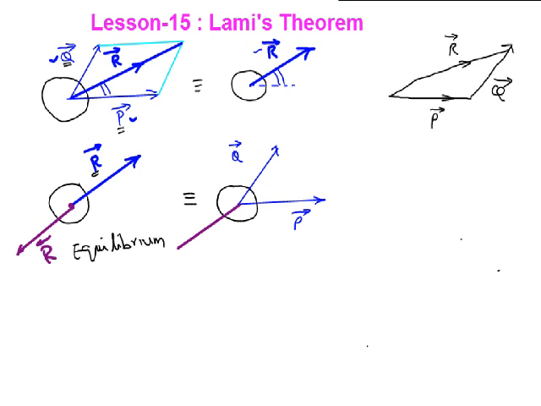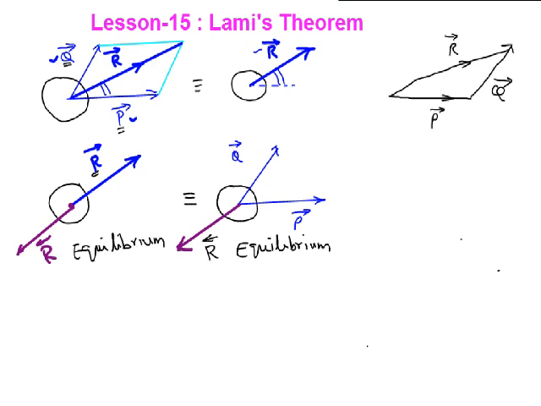The situation is really the same. All we have done is replace this force R bar with P and Q, which is permissible by the definition of the resultant. So these forces P bar, Q bar and R reverse are keeping the body in equilibrium.